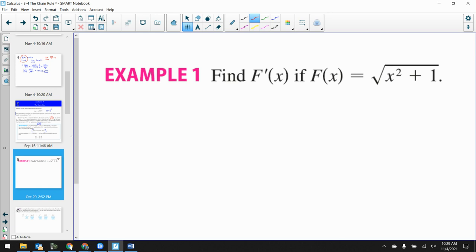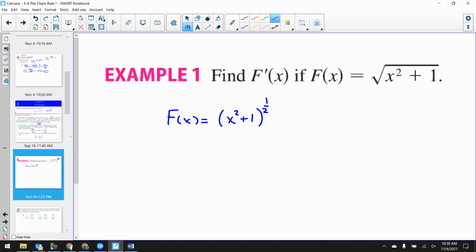Let's figure out what the derivative is of this function that I introduced this with. Now, I think it is beneficial to rewrite it into x squared plus 1 to the 1/2 power. Always take radicals and things in fractions and make them powers, whether it's a fractional power or a negative exponent.